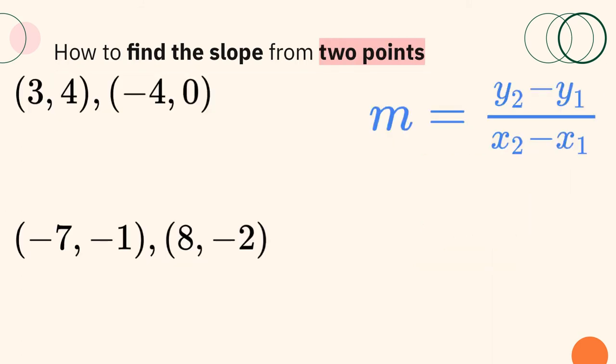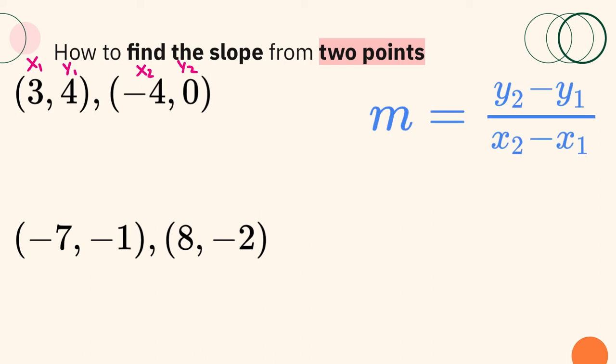If we're finding the slope from 2 points, this is where we have to use the formula. So before we can start doing this problem, we need to assign x1, y1, x2, y2. It doesn't matter which pair are your 1s and which pair are your 2s, as long as you make sure that one coordinate has both an x1 and a y1. It can't have an x1 and a y2, and the other coordinate has an x2 and a y2.